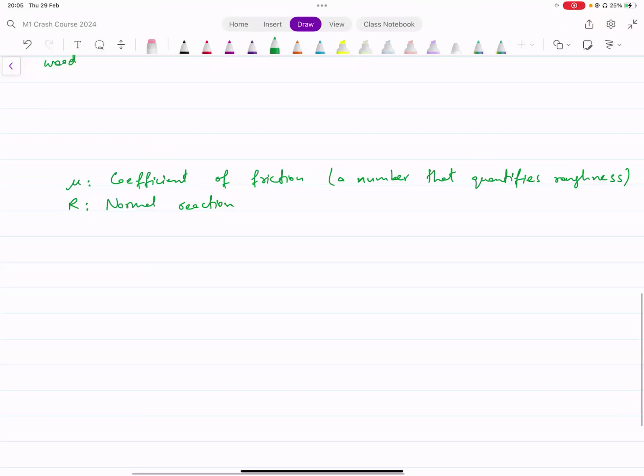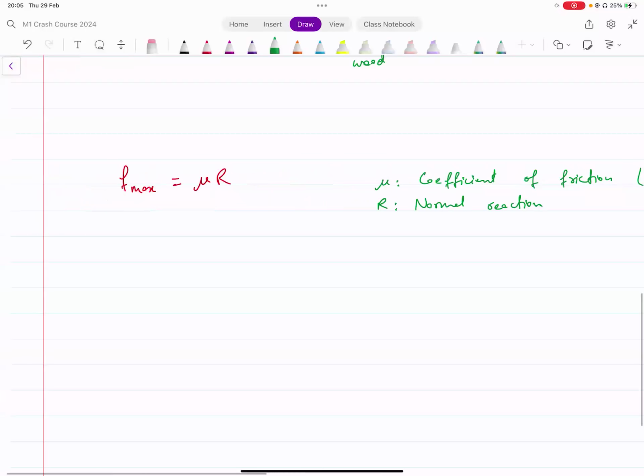Okay, so for every set of surfaces and objects, you would have a different coefficient of friction, and that basically is a number that quantifies roughness. So that's understandable: the more rough a surface is, the more friction there is going to be.